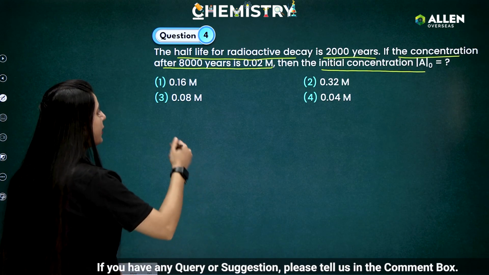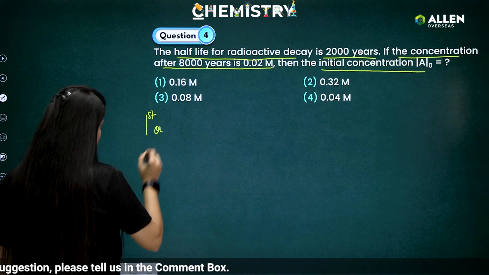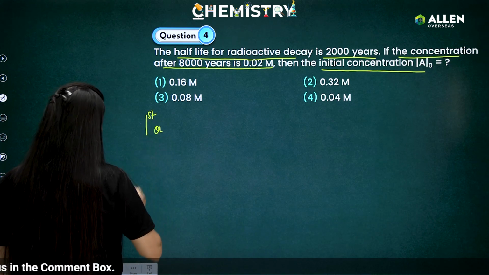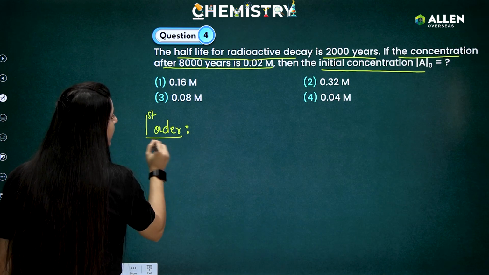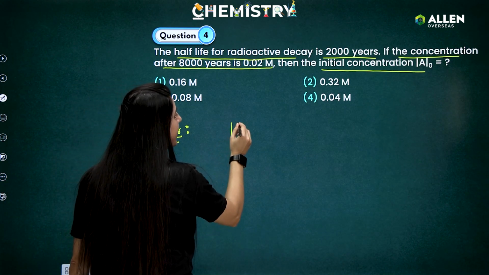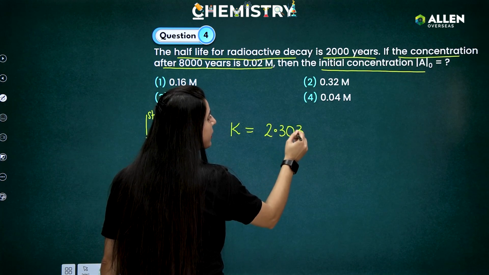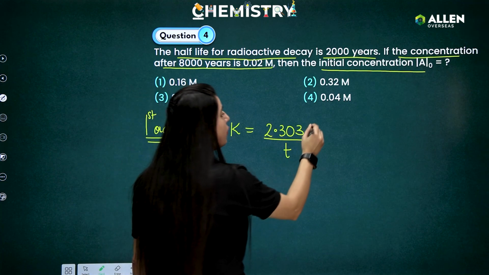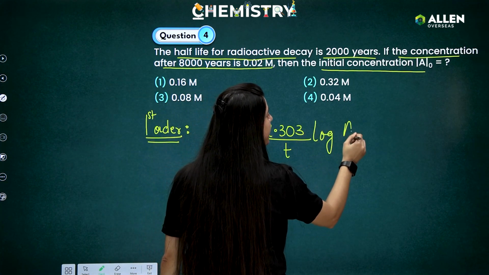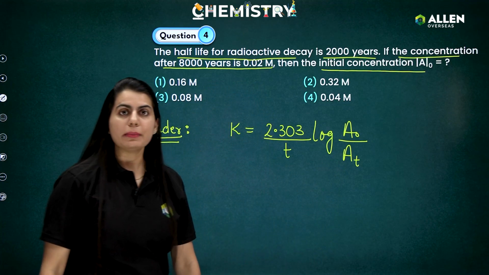Okay, so if I talk about the integrated rate law expression for our first order, the rate constant is equal to 2.303 divided by time, log of initial concentration divided by concentration at time t.